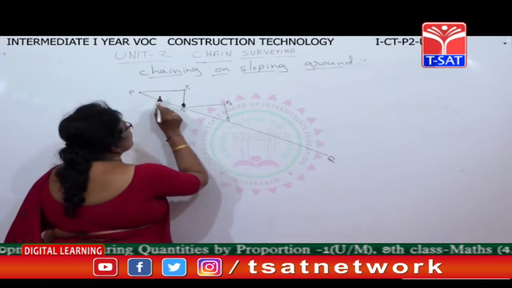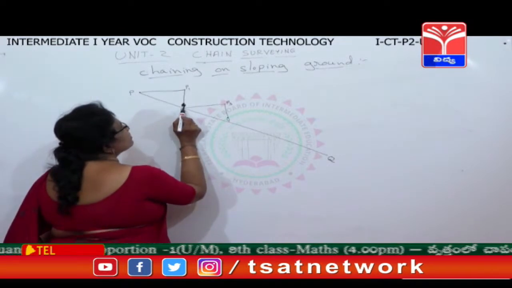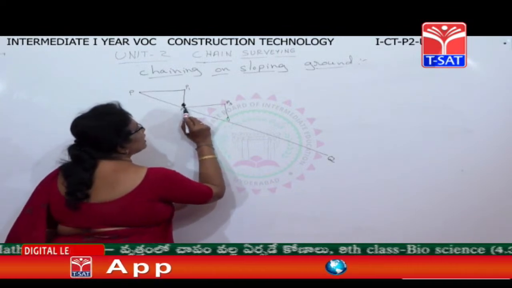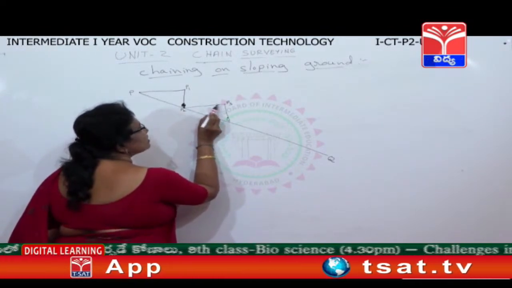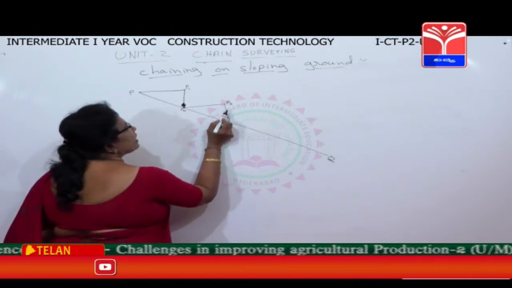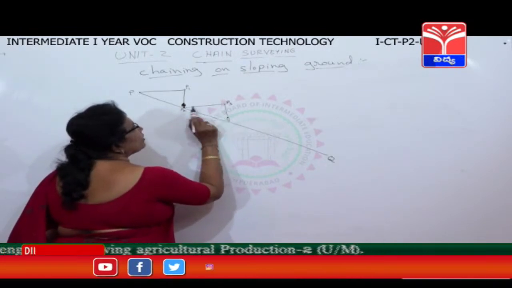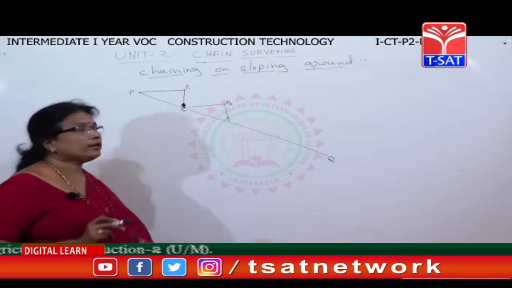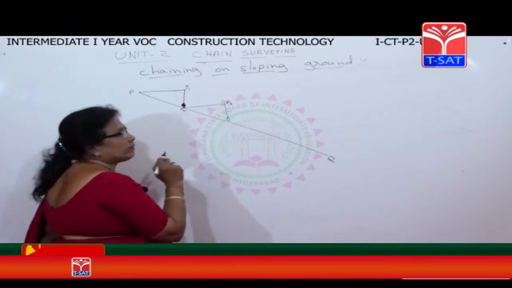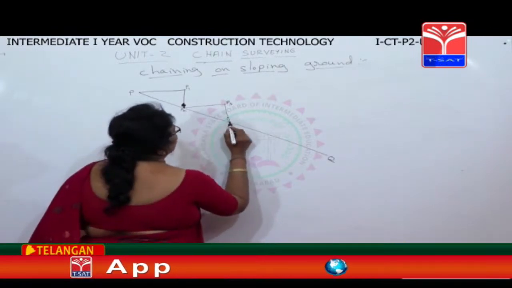The person standing here keeps the starting point of the chain here and measures the distances. He will stretch the chain in a straight line to this plumb bob, and the measurement P2, P3 is recorded.